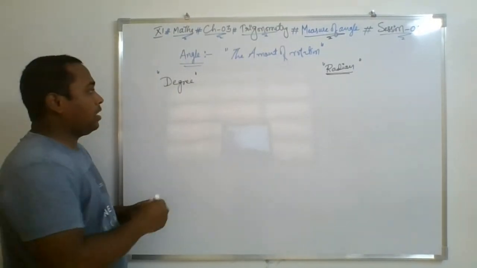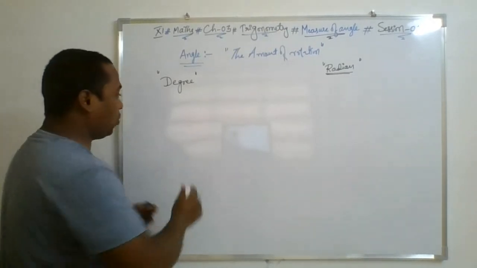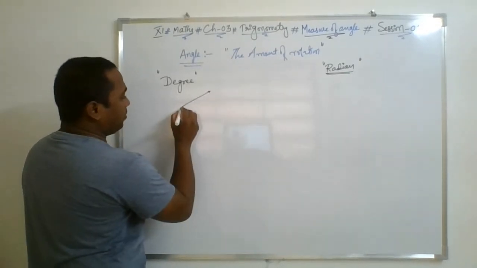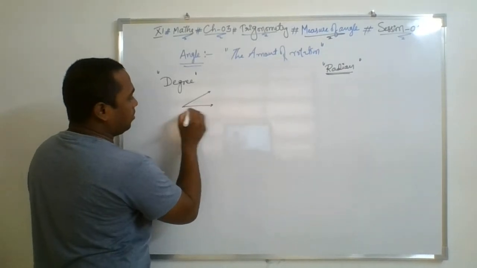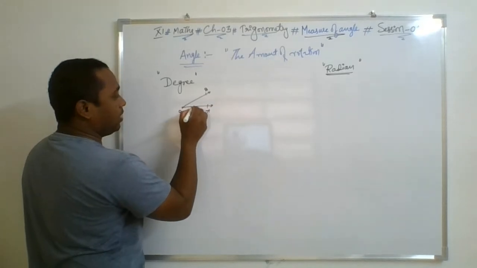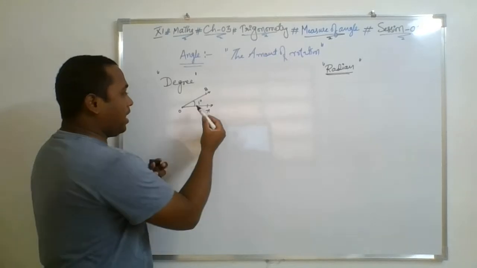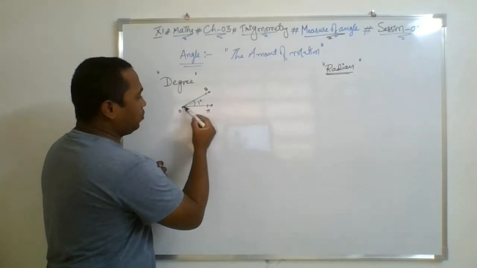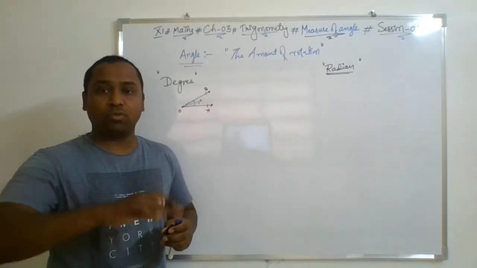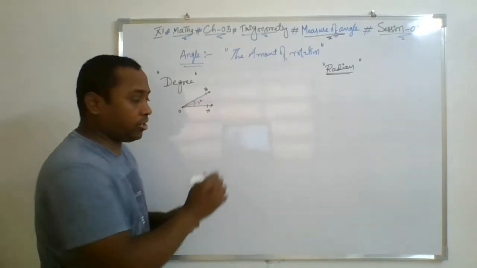So first of all, we'll try to describe the degree measure which you already know. Here, let us say this is the 1 degree angle rotated by a ray OA, which gets to this position. This 1 degree angle is divided into 60 equal parts, and each part is known as a minute.